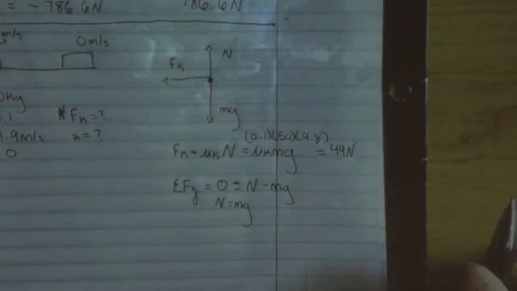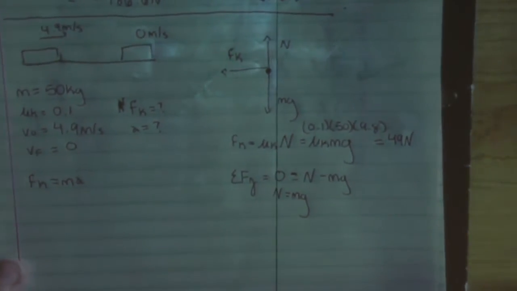So now that we have this frictional force, we can find our acceleration, right? Because any force can be written as ma. So we know our frictional force as well is mass times acceleration. So we can set our 49 newtons equal to 50 kilograms times a.